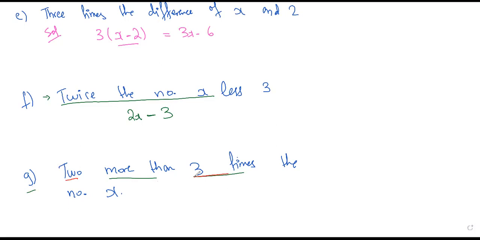So 3 times the number x would be 3x, and 2 more than would be this, right? Yes. Okay, perfect. So this is how we convert some translations into algebraic expressions, and we can also do it for equations, but we will do that once we enter the problem solving domain.